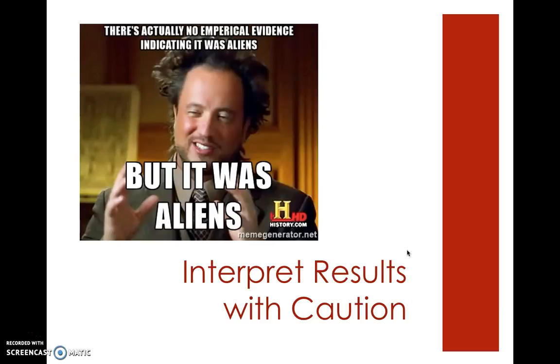Experimental research is the strongest type of research, and it allows us to make stronger causal inferences. Causal inferences just basically means I know that this caused this because I manipulated it myself in an experiment, not just causal comparative research, but an actual experiment. So with causal comparative research, you have to interpret the results with caution.